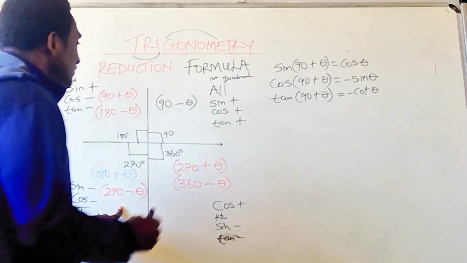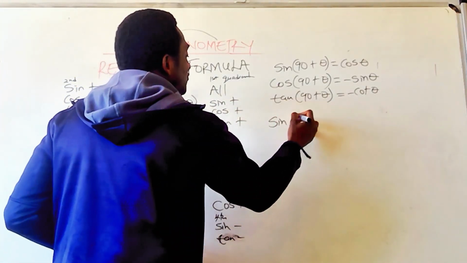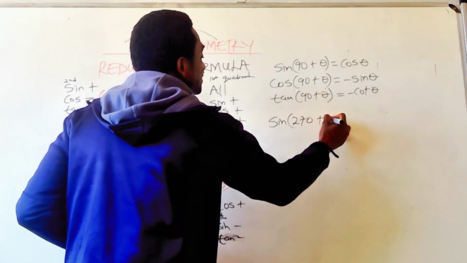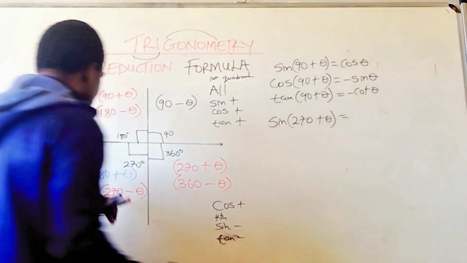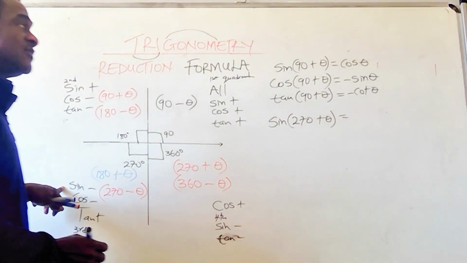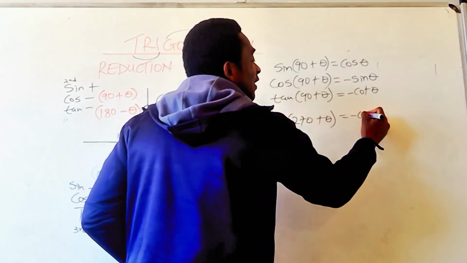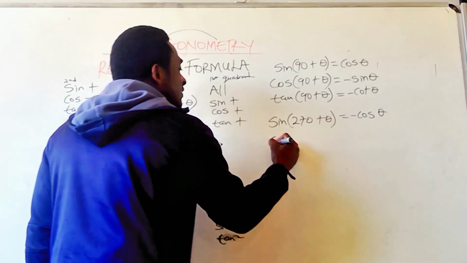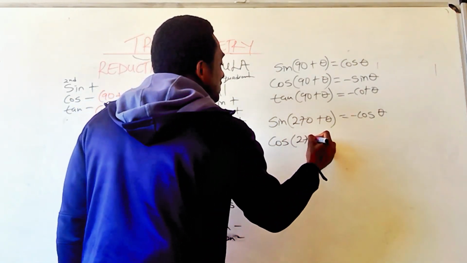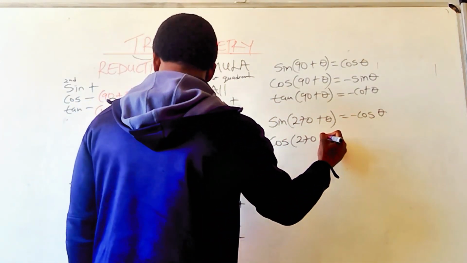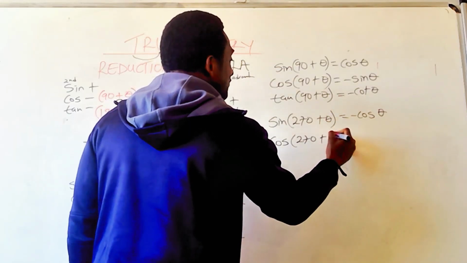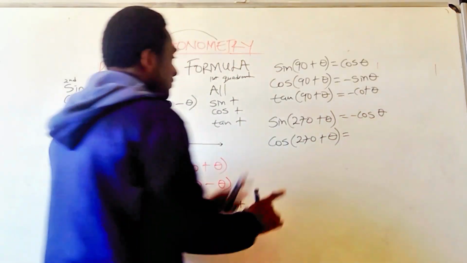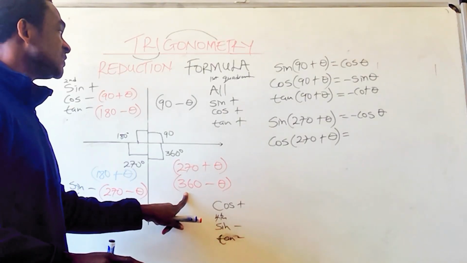We also have 270. If we have sine of 270 plus theta, on this quadrant sine is negative, so the cofunction will also be negative. If we look at cos of 270 plus theta, we are looking at the last quadrant.